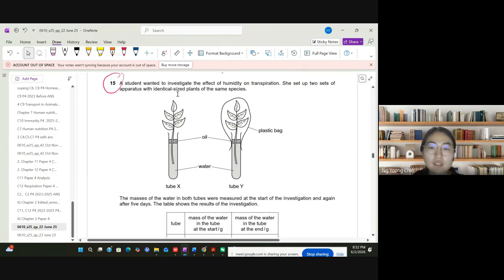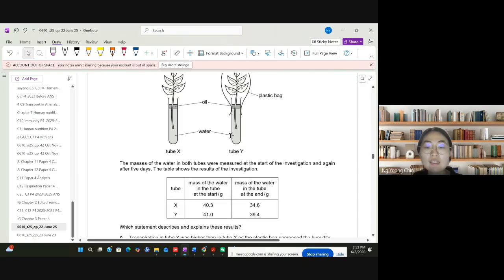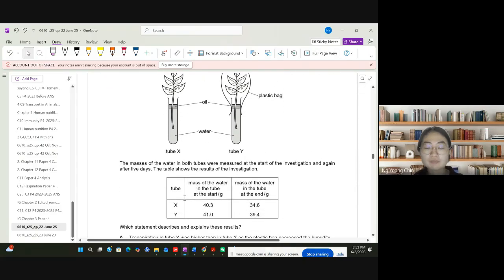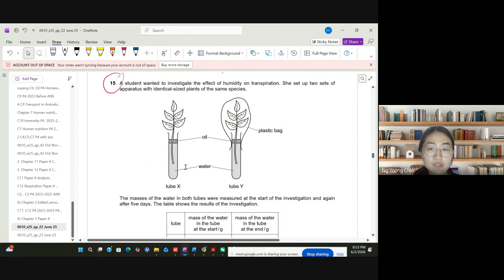This one, investigate the effect of humidity on transpiration. She set up two sets of apparatus with identical size, plants of the same species. So you have a plastic bag, one without and one with a plastic bag. The mass of the water in both tubes was measured at the start of the investigation and again after 5 days. The table shows the results. So X and Y, what happened to it? X has a mass of water in the tube at the start of 40.3.